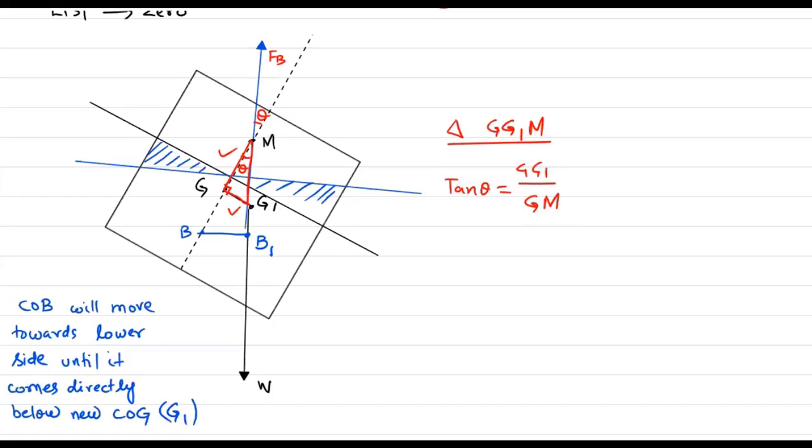And theta is the list, or angle of list, to be more precise. But GG1 we already calculated: W into d upon W, displacement, into GM. That is tan theta.